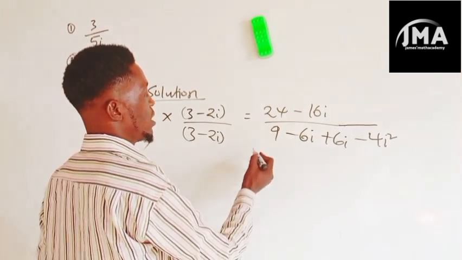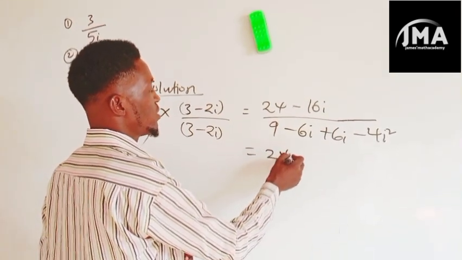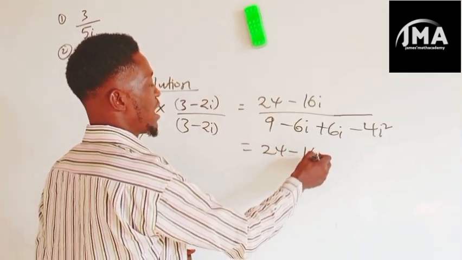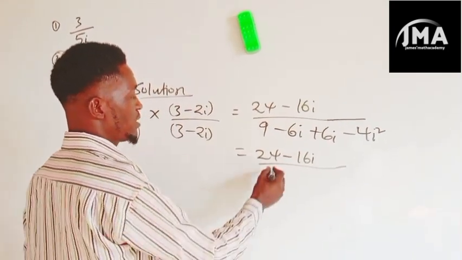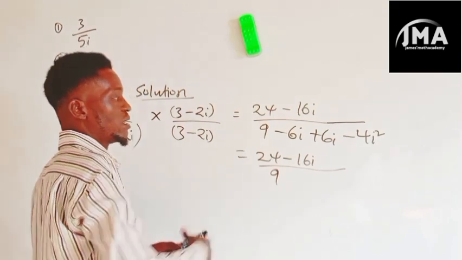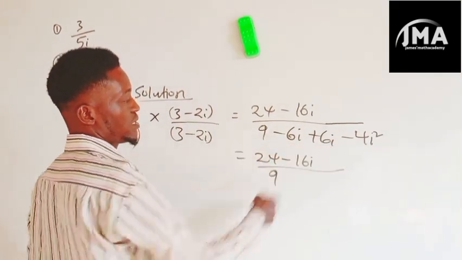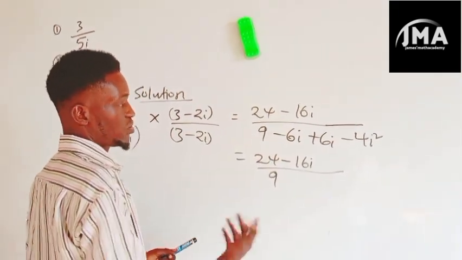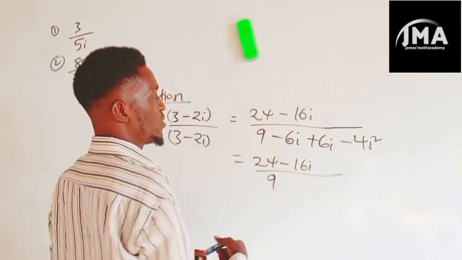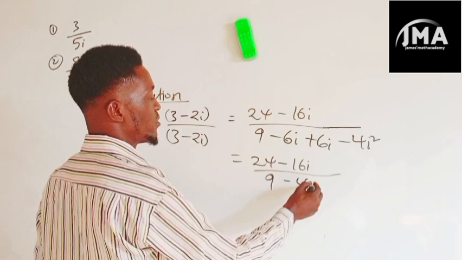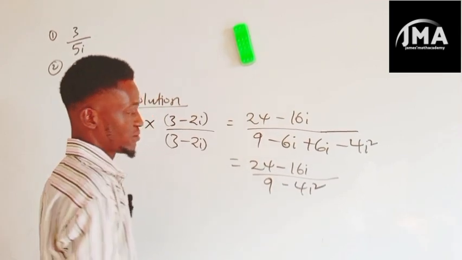So what are we going to do? We still have to repeat our 24 minus 16i. Everything is equal to 9. We all know that this is 9. Minus 6i plus 6i is 0, so there's no point of writing it. This is minus 4i squared, right?